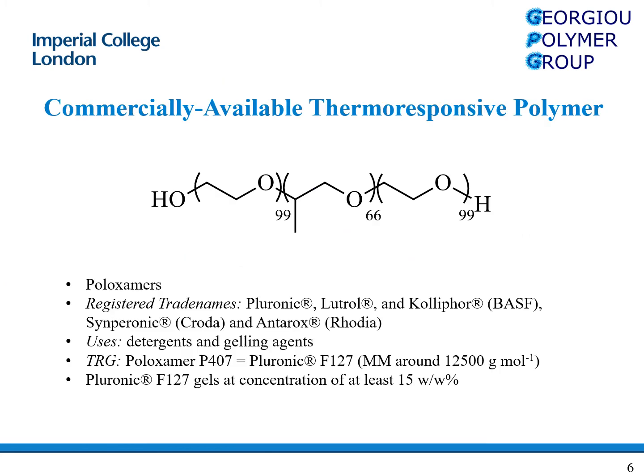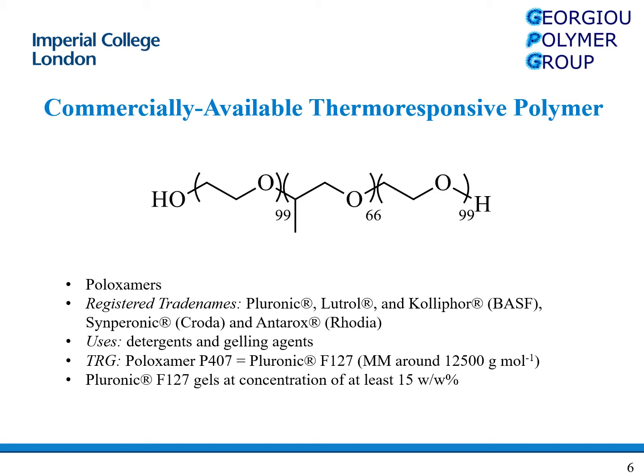So the most extensively used thermoresponsive polymer belongs to the family of Poloxamers, and it is also commercially available. It is known as Pluronic, sometimes Lutrol and Synperonic, depending on the company, and is extensively used as a detergent or a gelling agent. The member of this family that is a thermoresponsive gel is Poloxamer P407 or Pluronic F127.